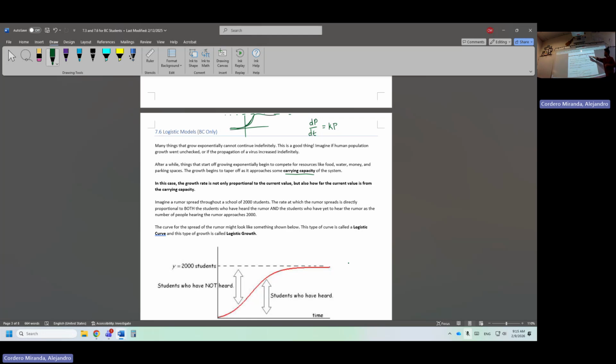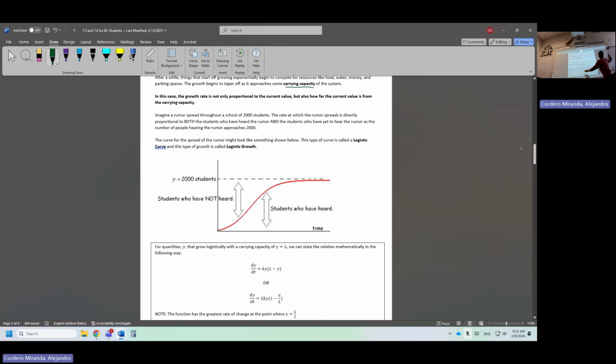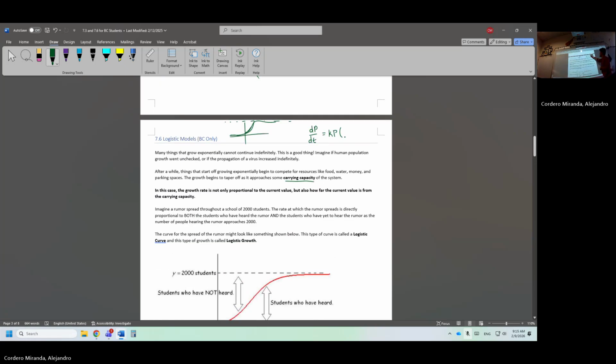So not only does it depend on the population present, but how far that population is from the carrying capacity. Carrying capacity L is what they call it down here. So the difference between the population and the carrying capacity. That is a logistic equation.